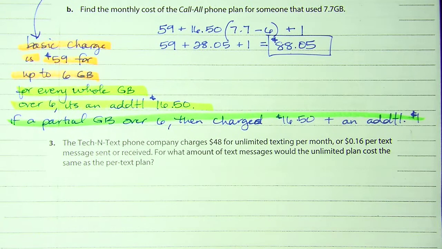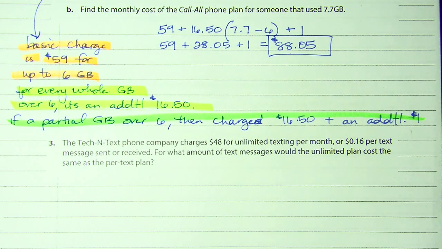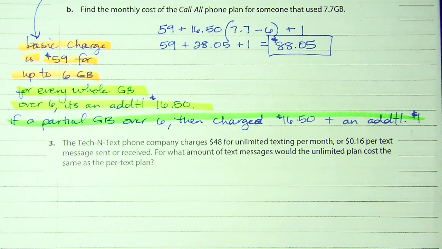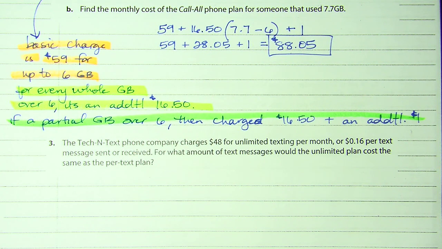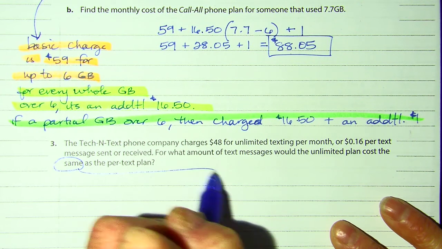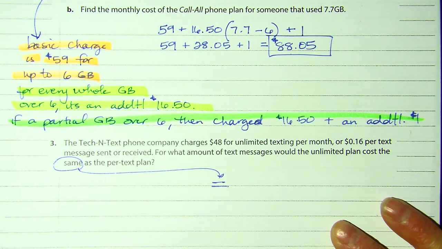So number 3. The Tech and Text company charges $48 for unlimited texting per month, or it'll charge you 16 cents per text message sent or received. For what amount of text messages would the unlimited plan cost the same? So when I see same, think of equal.